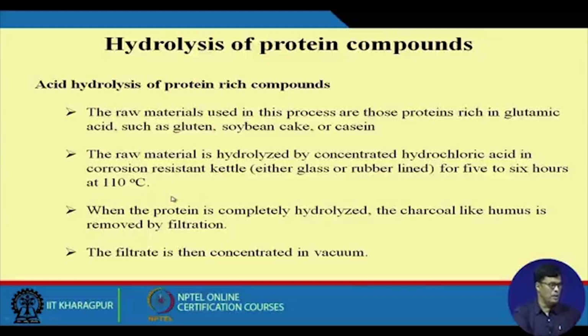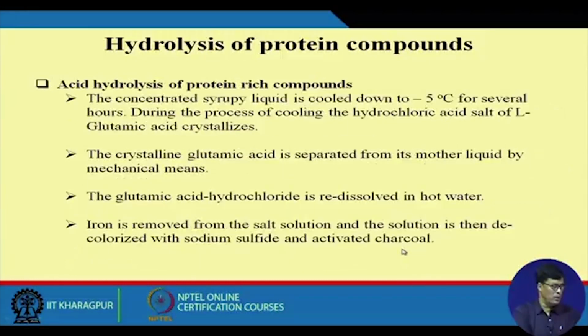So if we heat it in presence of hydrochloric acid, then the gluten, soybean cake and casein get hydrolyzed, and when the protein is completely hydrolyzed, charcoal like humus is removed by filtration, and then the filtrate is concentrated in vacuum. By vacuum evaporation we can concentrate the filtrate.